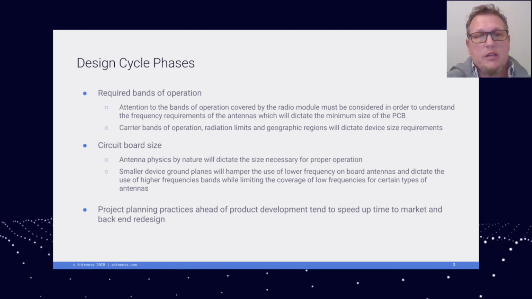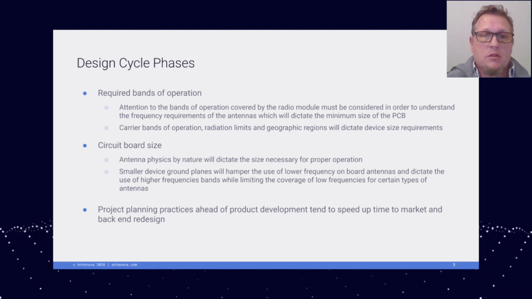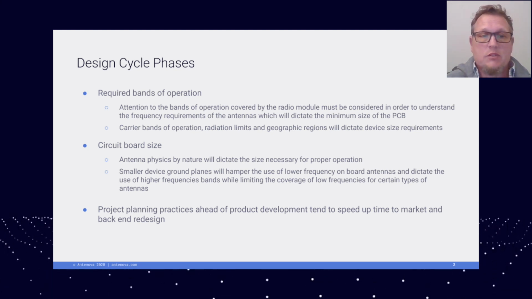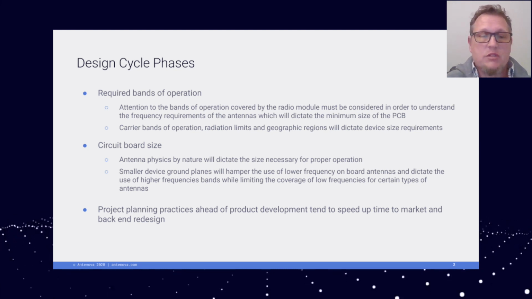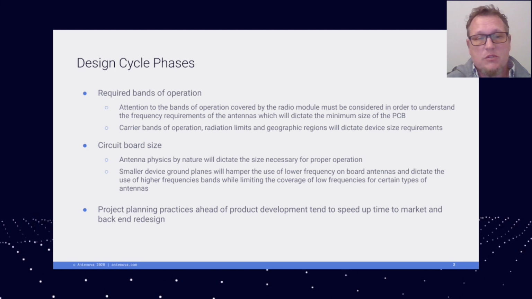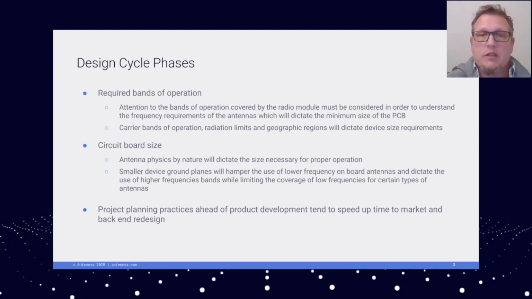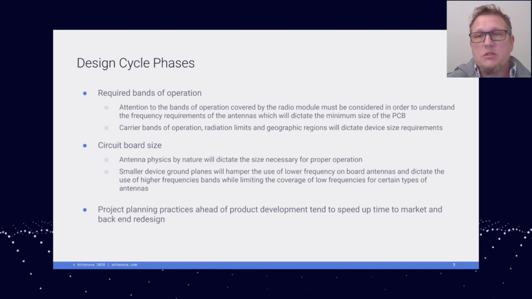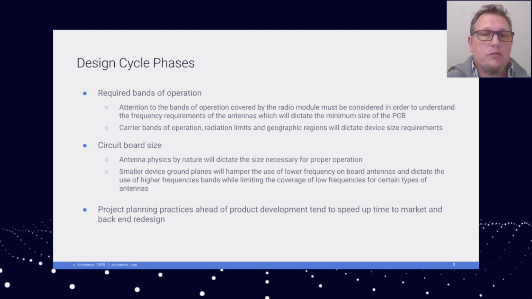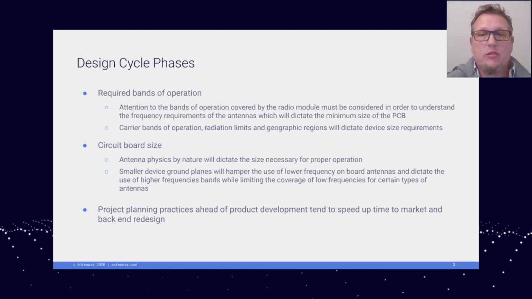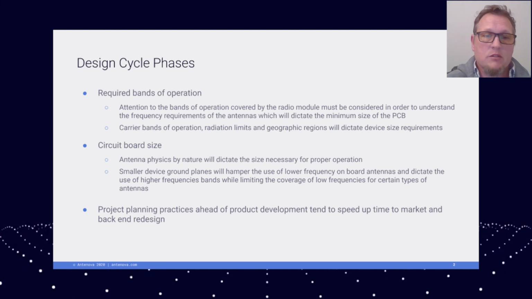Antenna physics by nature will dictate the size necessary for proper operation. Sacrifice in performance for device size will limit your antenna type, such as flexible printed circuits versus surface mounts versus trace antennas. Smaller device ground planes will hamper the use of lower frequencies on board antennas and dictate the use of higher frequency bands while limiting the coverage of those lower frequency bands for certain types of antennas.